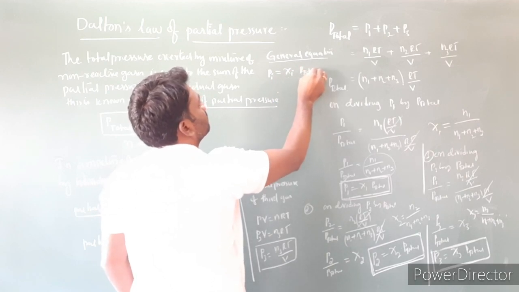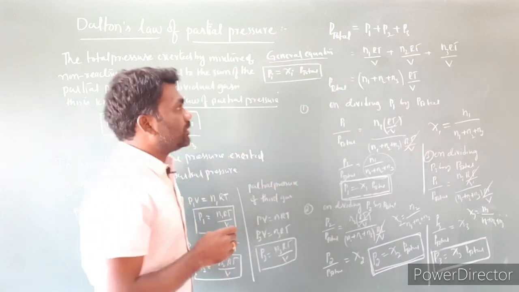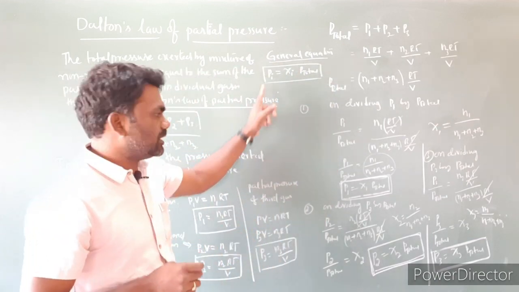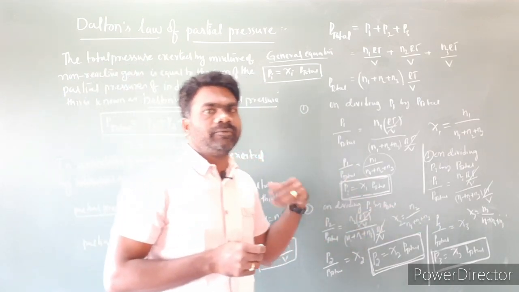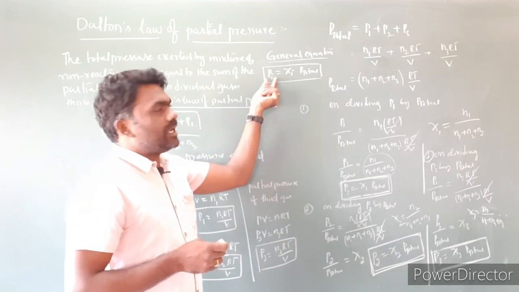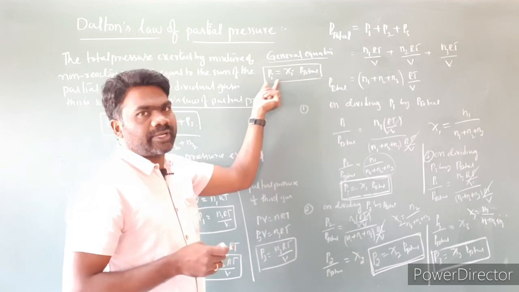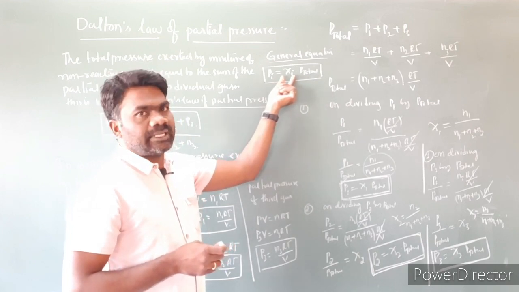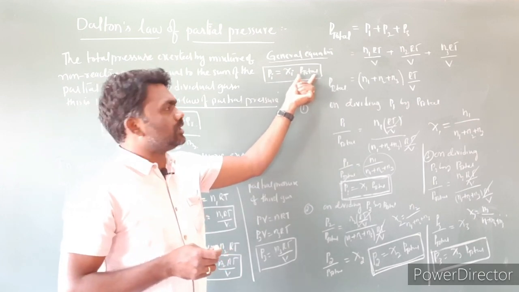So this is the general equation to calculate the partial pressure of a gas. Instead of labeling first, second, third, fourth, fifth and so on, we simply write the general equation Pi is equal to Xi into P total. So Pi is the partial pressure of the ith gas, Xi is the mole fraction of the ith gas, and this is the total pressure.